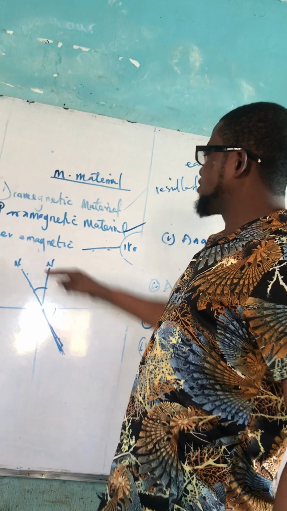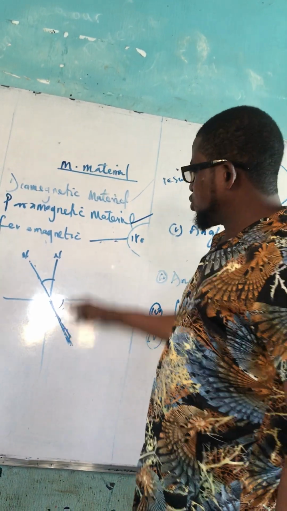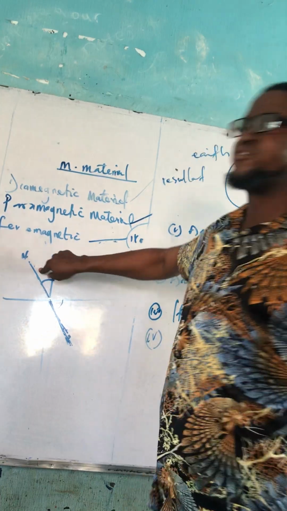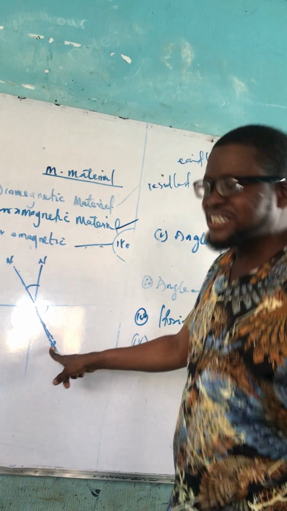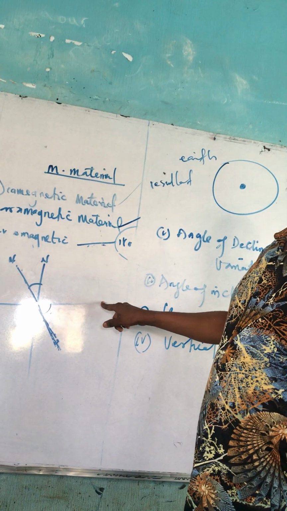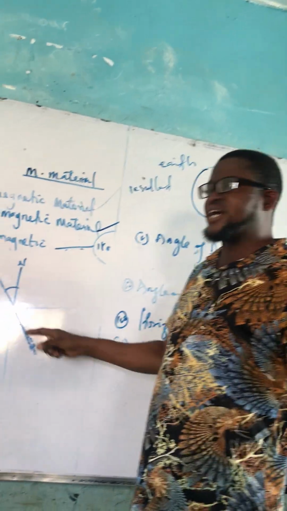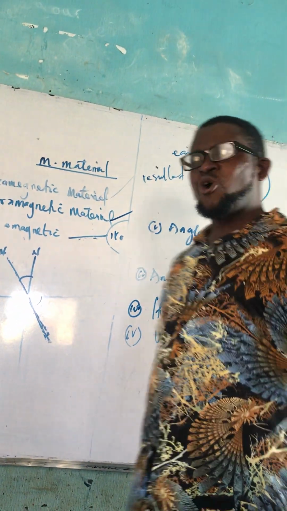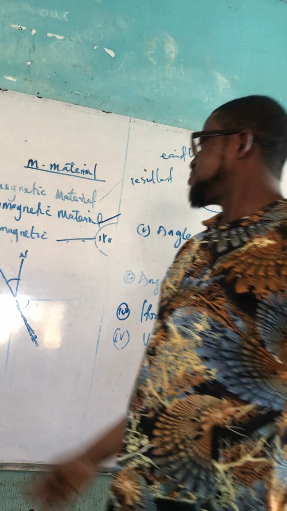I take it again. This line is a result of this line, so we call this one the resultant. So the angle between this resultant and this horizontal line is called the angle of inclination. But we cannot call it an ordinary resultant. That's why it is the resultant of the earth's magnetic field.